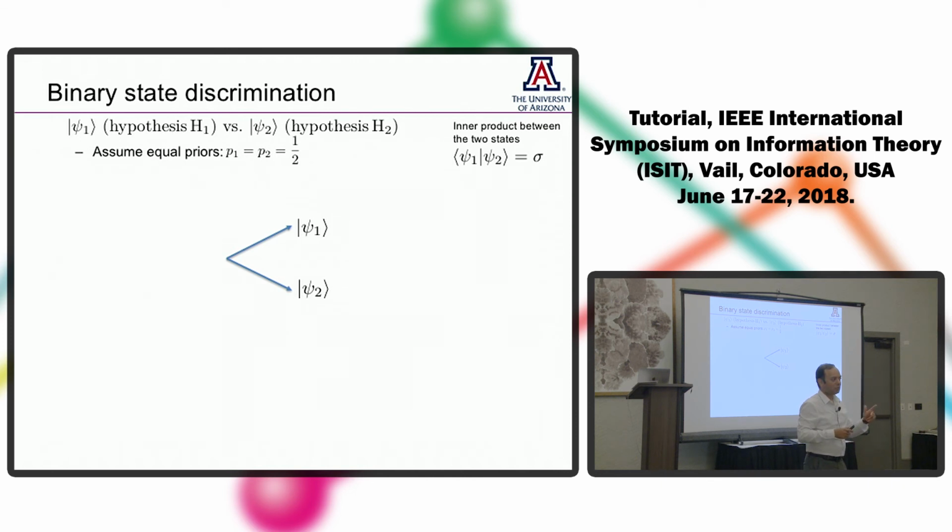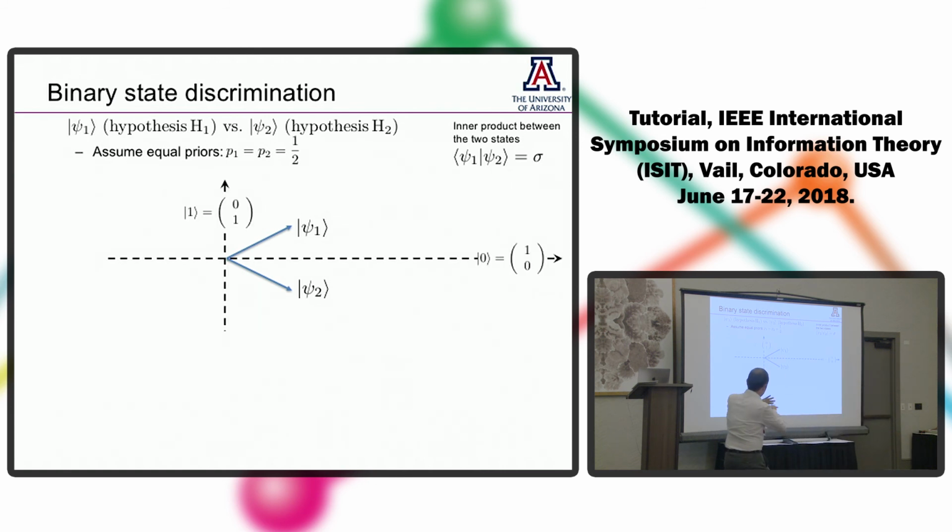Now if you think about it, if I take two vectors that are orthogonal to each other and align one vector with my psi 1, then the other vector will have to be at 90 degrees to that, right? So if I'm presented with psi 1, I will never make an error. But if I'm presented with psi 2, I will make an error with some probability which will be given by the inner product between my measurement vector and that state. So what is the one that will minimize the average error probability?